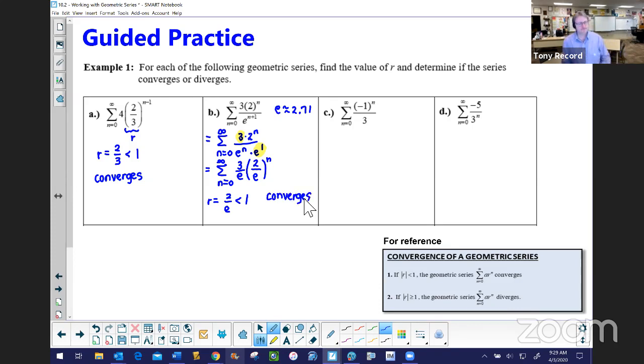All right. Let's take a look at part C. Now in part C, it's pretty clear that you have an alternating series. And it's easy to think, oh, now I have to use the alternating series test with this. Well, you could certainly try to use the alternating series test. And I would like you to maybe use some time to investigate that on your own.